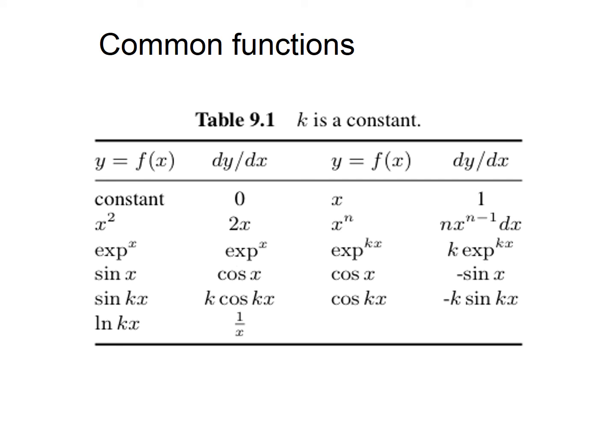A special case is e raised to the power of x: if y equals e to the x, the gradient of that graph is also e to the power of x, which is weird, but it's true. We'll go through what happens when you have other variables in there next time.